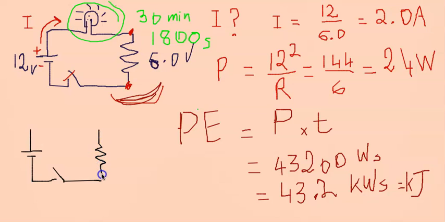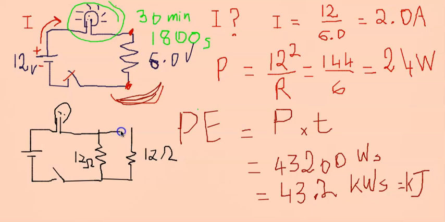To make it 6 ohms passing through here, we're going to make it 12 ohms. And this one is also 12 ohms. The equivalent in this case for the two in parallel would be 6 ohms.